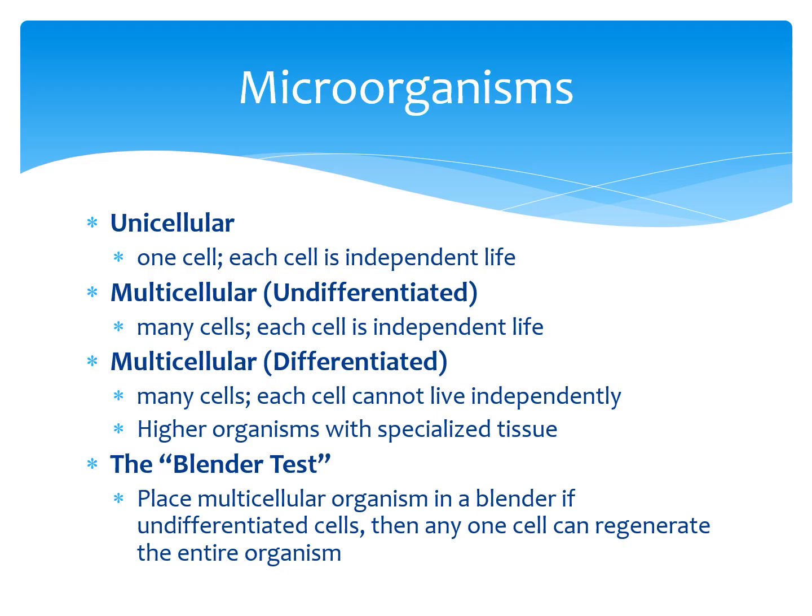You can also have multicellular microorganisms, and mainly when we talk about this multicellular with differentiated cells, we're talking about kind of higher forms of life, maybe like an animal or a plant, something that has specialized tissues. And I want you to think of on yourself those specialized tissues.